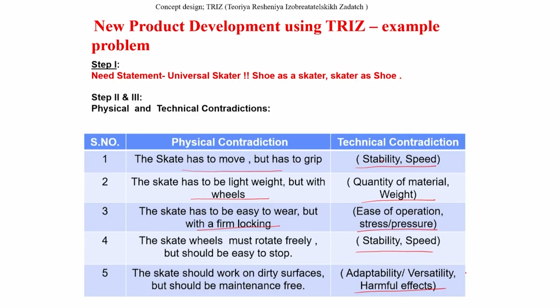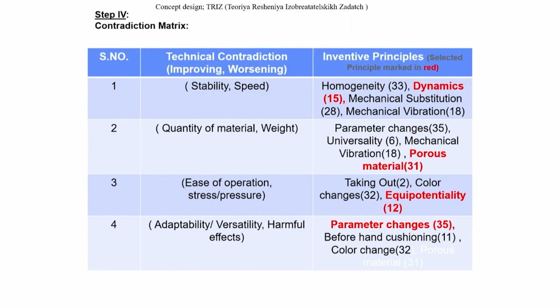Once you do it, then you can go to the TRIZ matrix, and they figured out the principles that people have used to mitigate these contradictions, like 33, 15, 28, 18 for stability versus speed. Similarly, for the other cases, they were able to figure out the different principles that you can use.